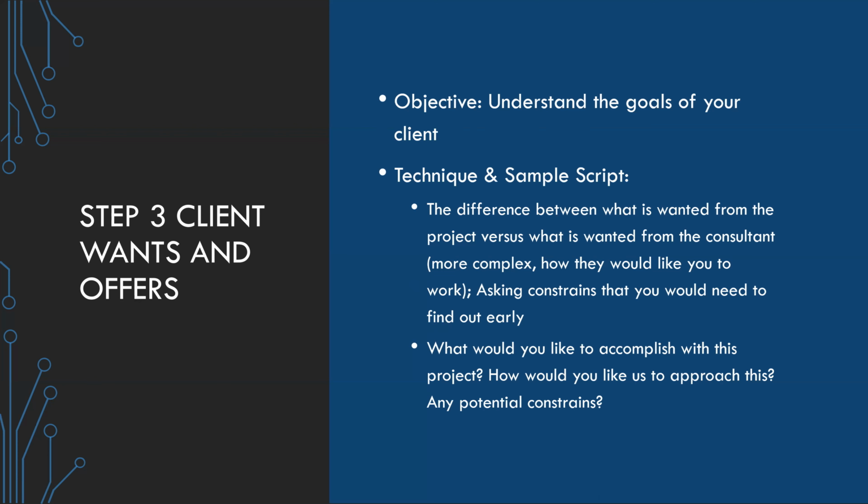They may not be able to provide too much additional information, and that will also be important to figure out. So you want to differentiate what's wanted from the project and what's wanted from you. This would also be a good time to understand what type of constraints you may face in the process, right?